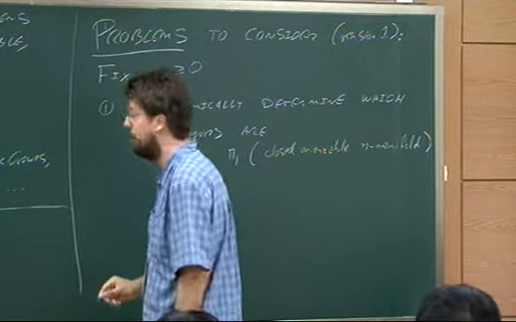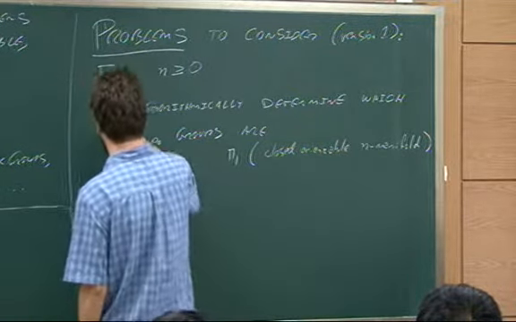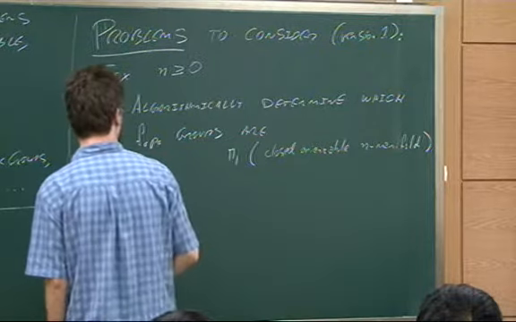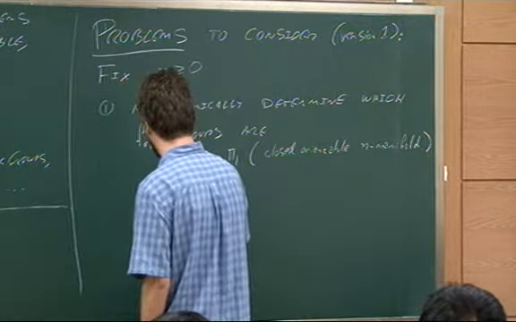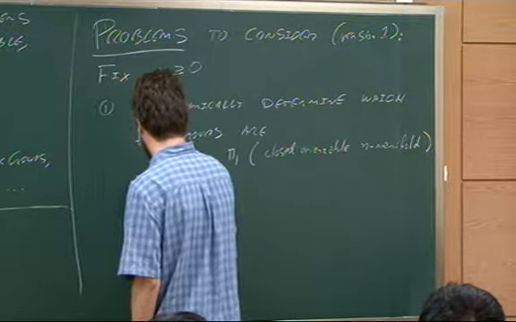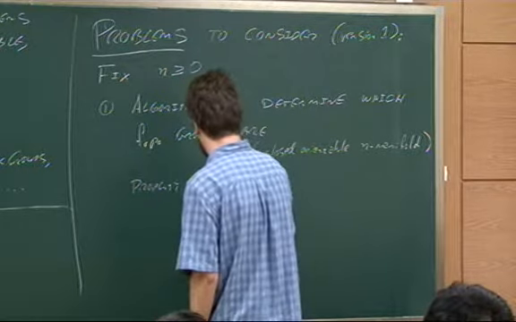For a given n? For a given n, yes. So we're fixing n. And then the first problem is this. We'll just call this property, this is how I meant to write it, sorry, M sub n.